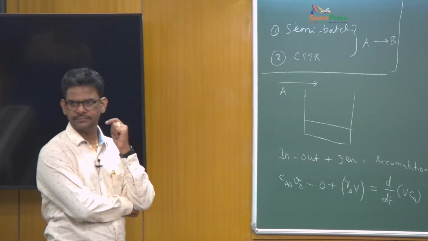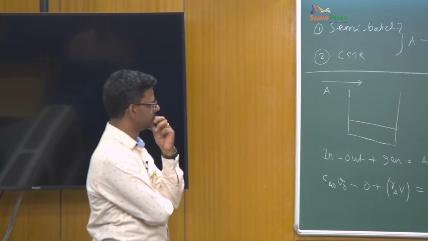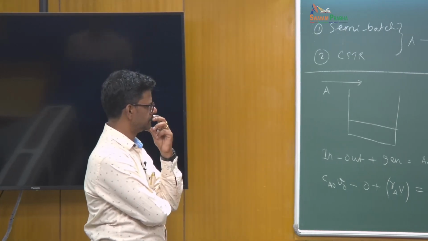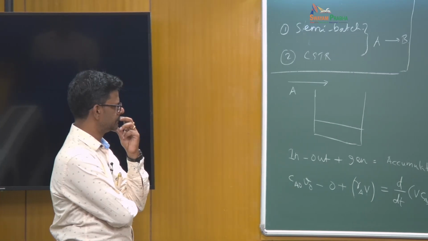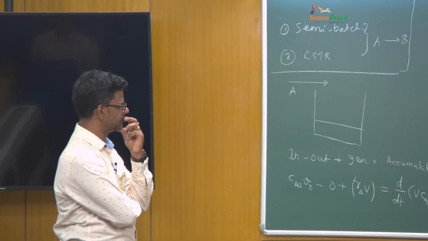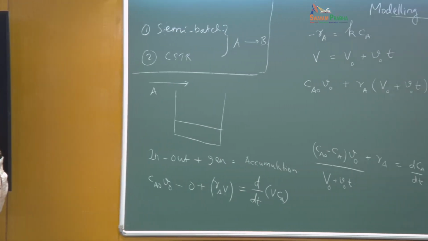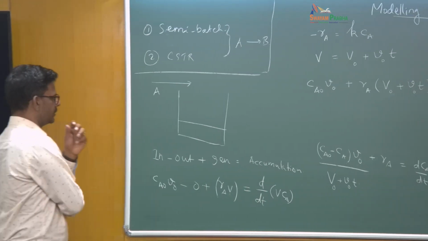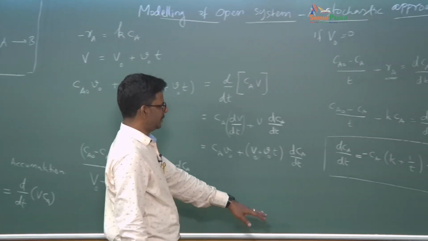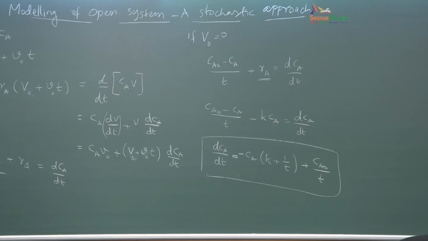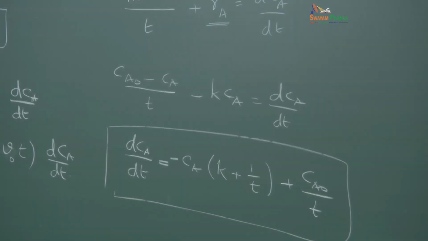It's all good. Okay, so you probably need an initial condition, and then you will solve this, get C as a function of time t, and then get conversion and so on. So this is what we do in terms of semi-batch deterministic approach.